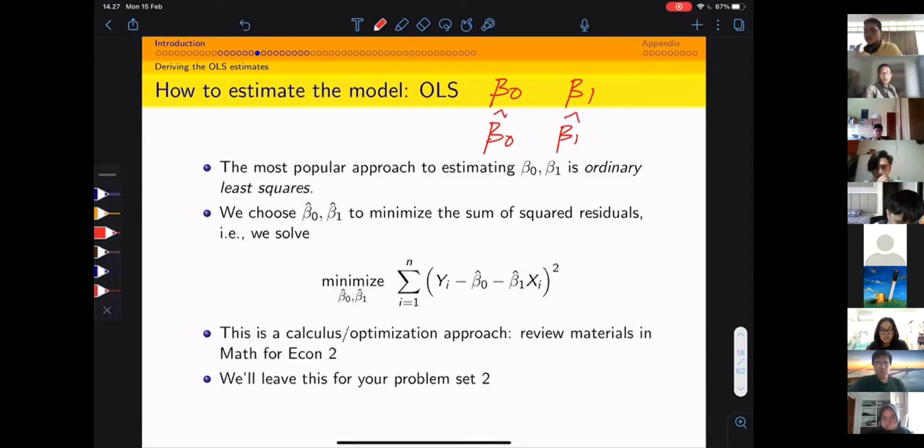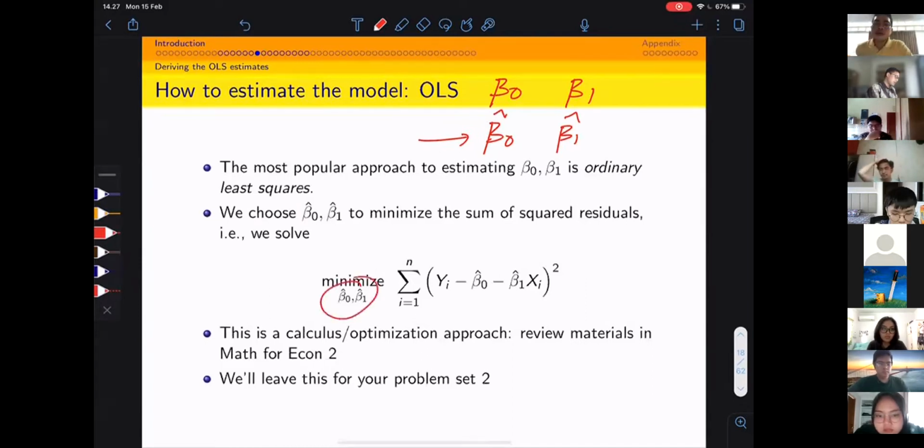Okay. And so when we say that we estimate the model, we actually estimate beta 0 and beta 1. The estimated beta 0 is called beta 0 hat, and the estimated beta 1 is called beta 1 hat. Okay. And so what we're going to do is choose beta 0 and beta 1 such that it minimizes the squared residual. Okay. Remember, this is yi, and this is the predicted or fitted value.